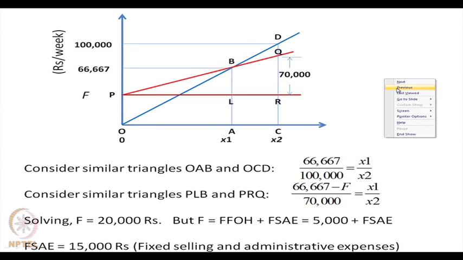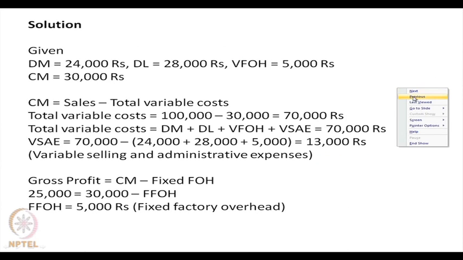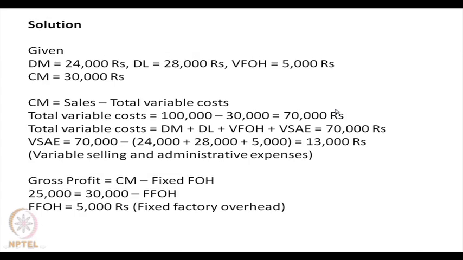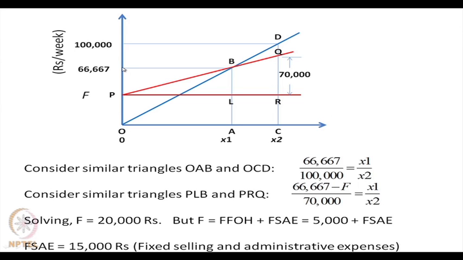I go back to the question. The question says the actual sales is 100,000, but the break even sales is rupees 66,667. So, that is what I have shown here. At the break even point, the sales are 66,667, but the actual sales, that is the operating point here, is 100,000.